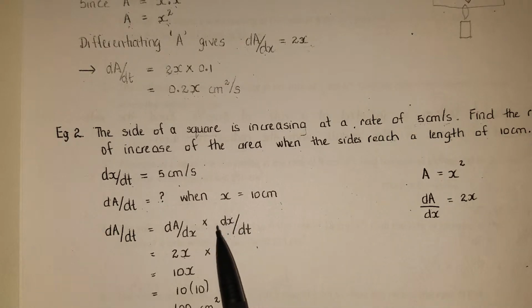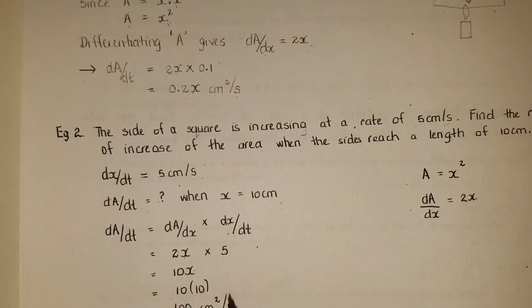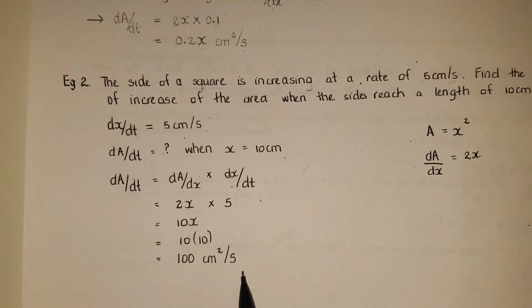So 2x times 5 gives us 10x. Now, we want to find it when the length is 10 centimeters. So we will simply plug x equals 10, and when multiplied, it gives us an answer of 100 centimeters squared per second.